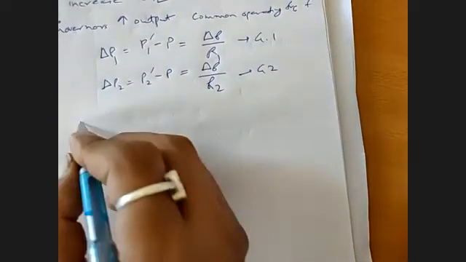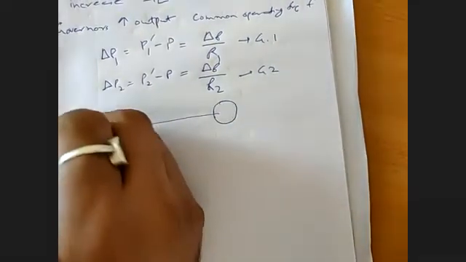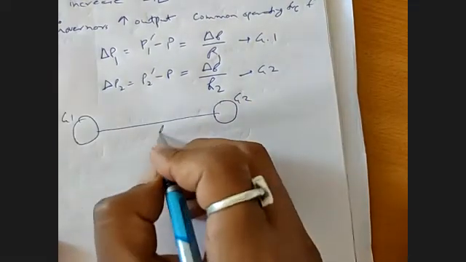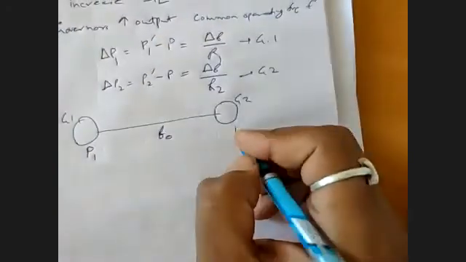So we have two generators which are operating connected together. This is your G1, this is your G2. Your system will be operating at a nominal frequency F naught and giving power P1 and P2.